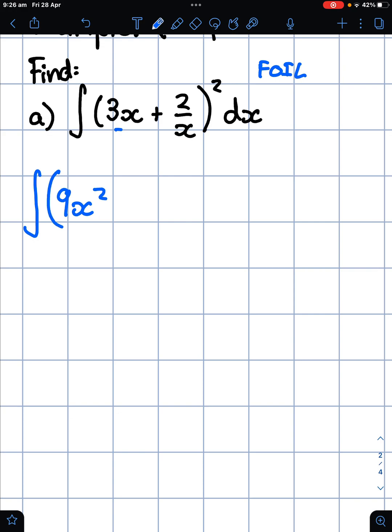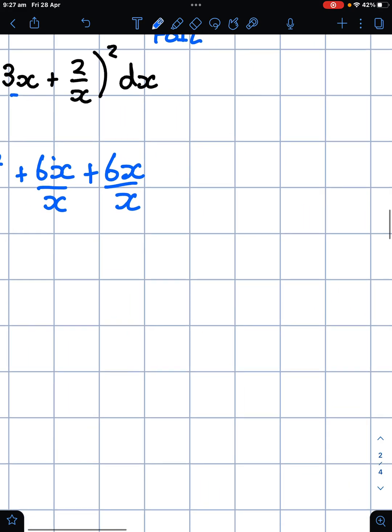And then my outers is going to be 3x times 2 on x, which is going to give me, I'm going to write this out properly, unlike the text has done. So this will be 6x over x plus 6x over x. So you'll notice that they will cancel. That's outer and inner.